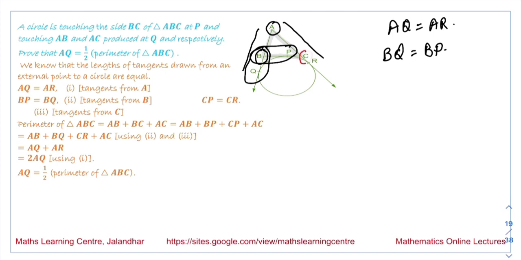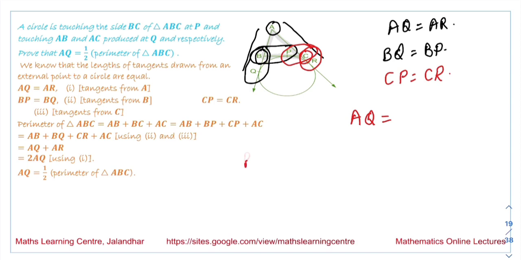If we consider this point C, then CP and CR are also tangents. So we get CP is equal to CR. Now we have to prove that this length AQ is half the perimeter of the triangle.